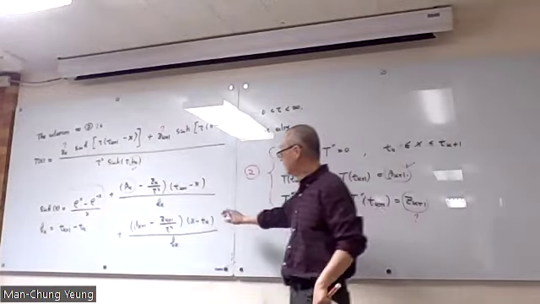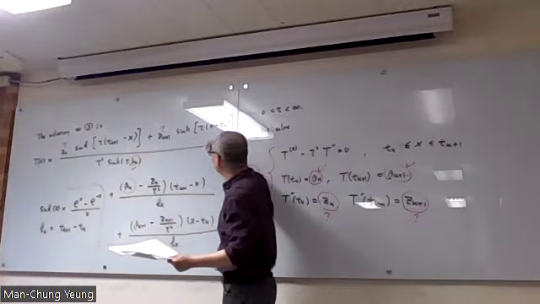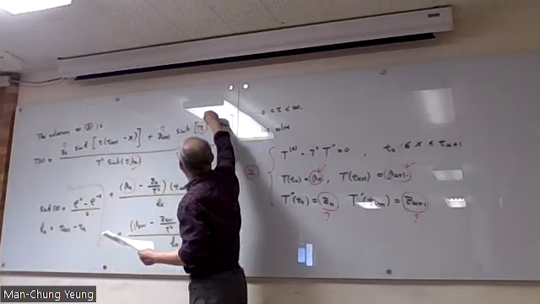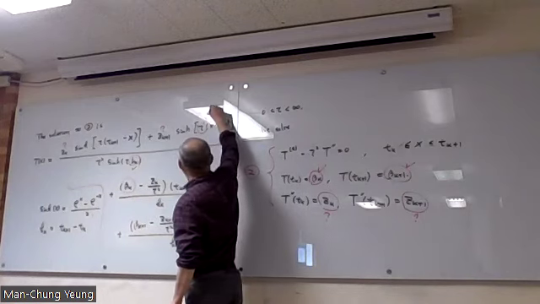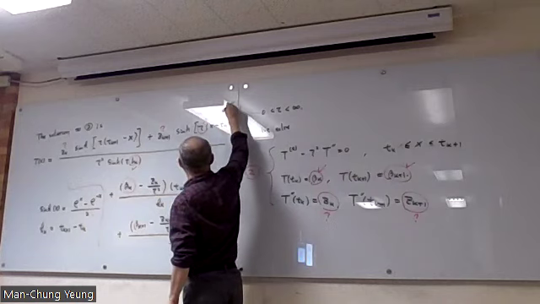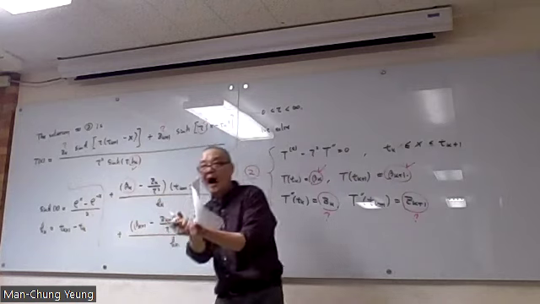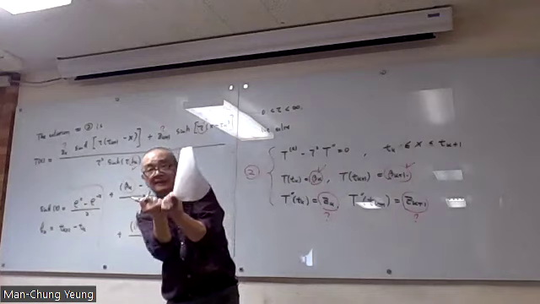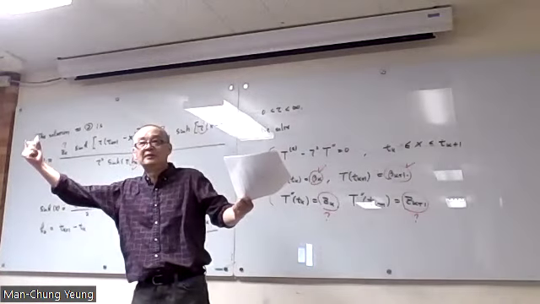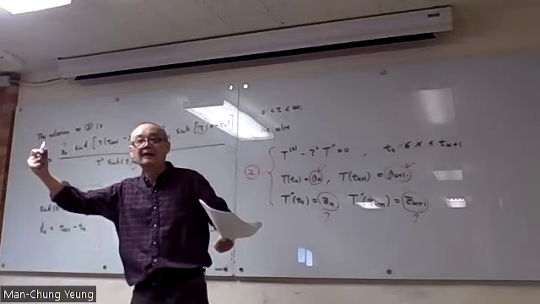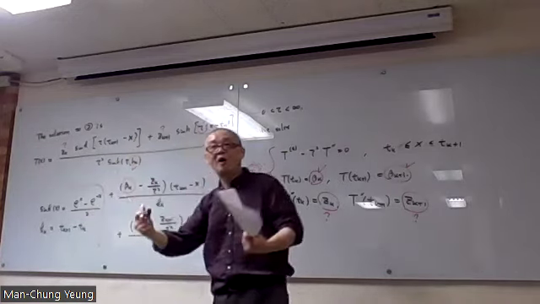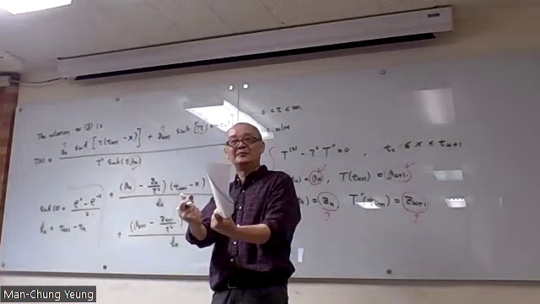So people view tau as a force. When tau is large, it stretches the curve so that the curve tends to be a straight line.